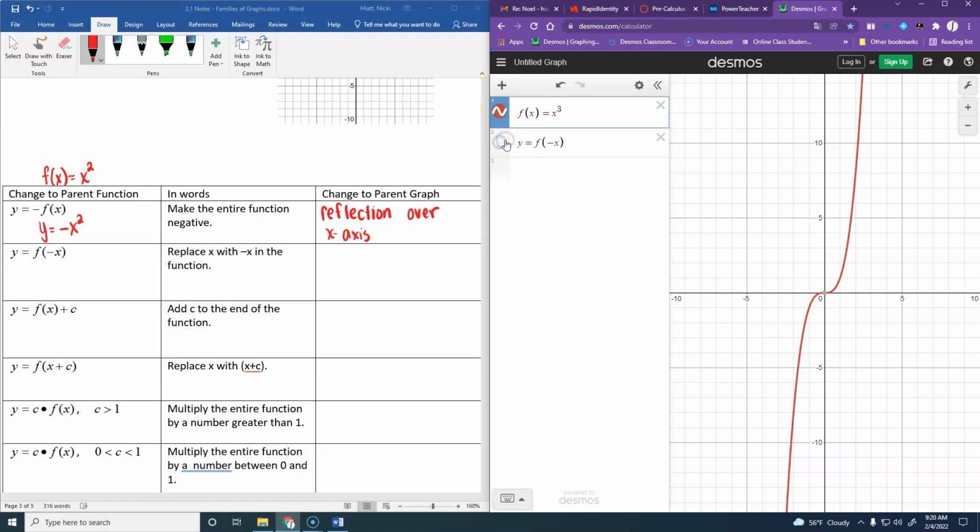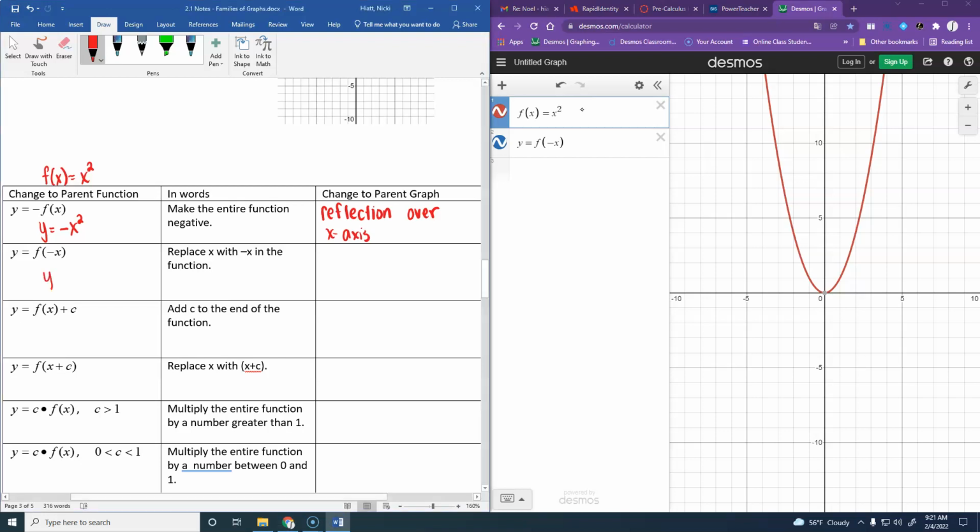Sometimes I think it's helpful to get rid of that. It is a cubic function that we're starting with. So this is like our basic cubic function. But when we put that negative on the inside, it's reflecting over the y-axis. It's flipping it over the y-axis. So when we had x squared, it looked like it did nothing. And that is because if you flip x squared over the y-axis, it looks exactly the same. It's symmetric about the y-axis.